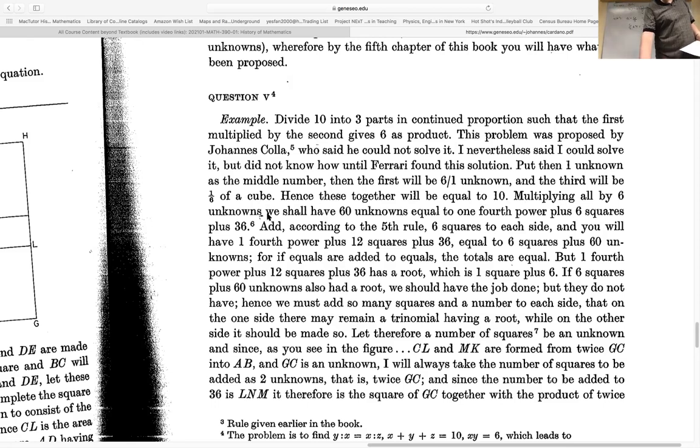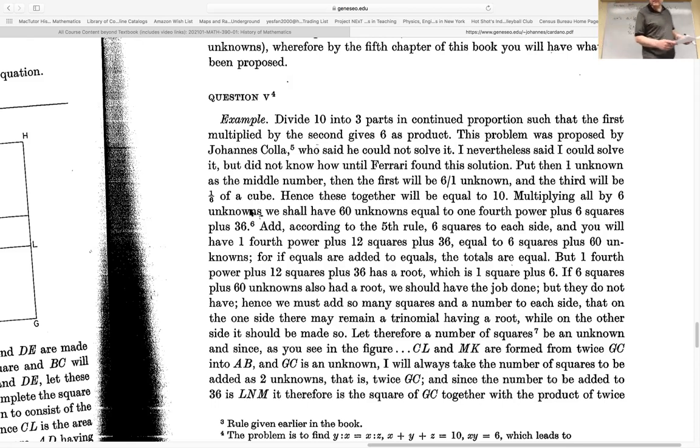Multiplying everything by 6x, we shall have 36 plus 6x squared plus x to the 4th equals 60x.